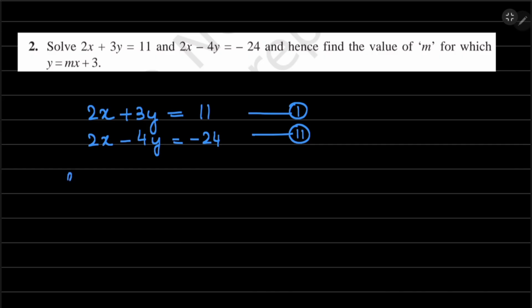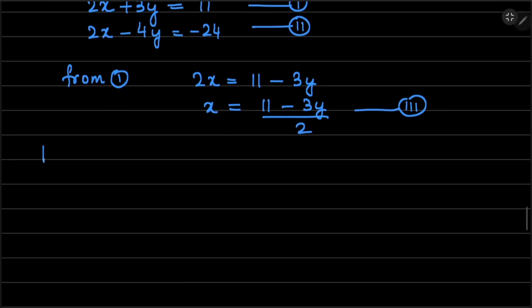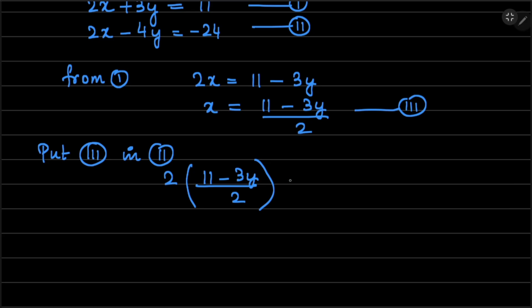So from 1, let's use the substitution method. 2x I can write as 11 minus 3y, and x is nothing but (11 minus 3y) whole divided by 2. Let this be equation 3. Put 3 in equation 2. So what do you get? 2 multiplied by, in place of x, (11 minus 3y) divided by 2, minus 4y equal to minus 24. 2 gets cancelled.